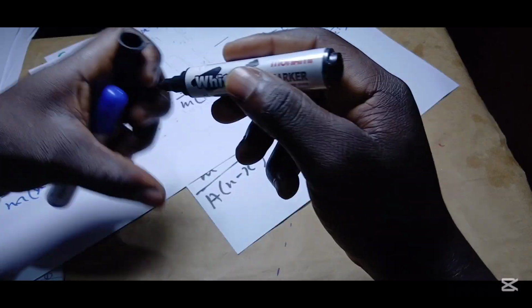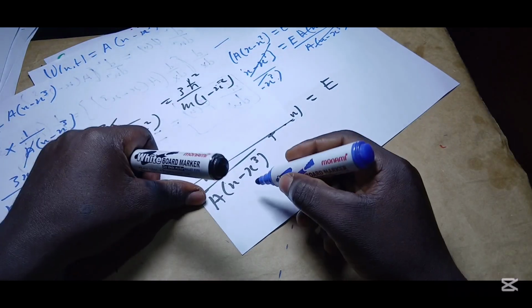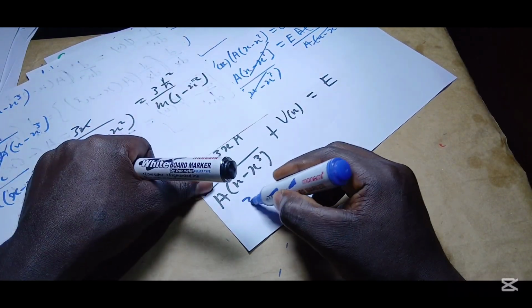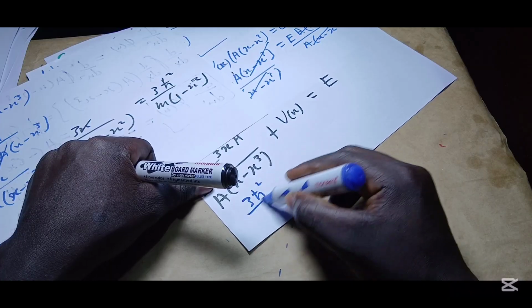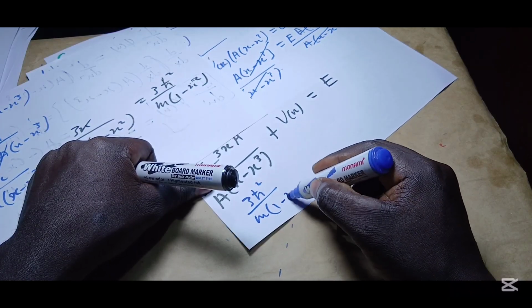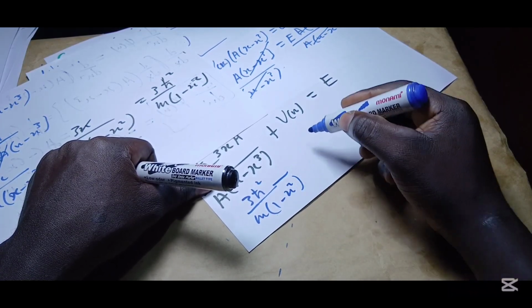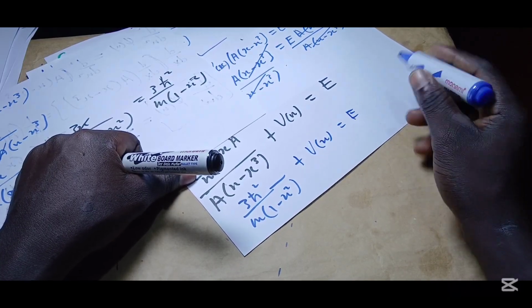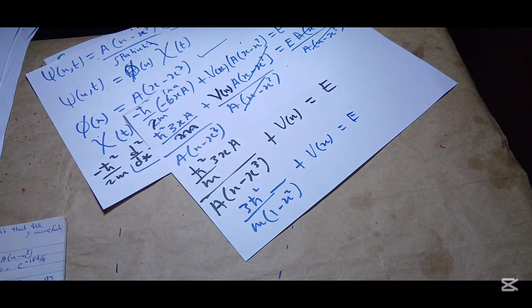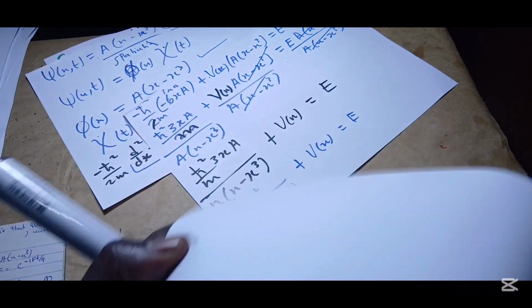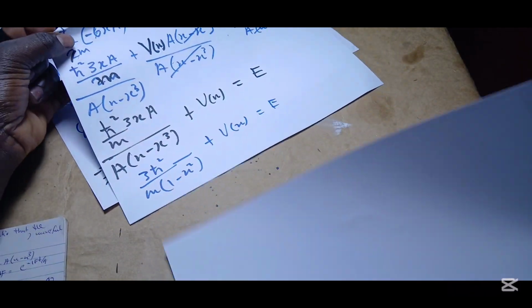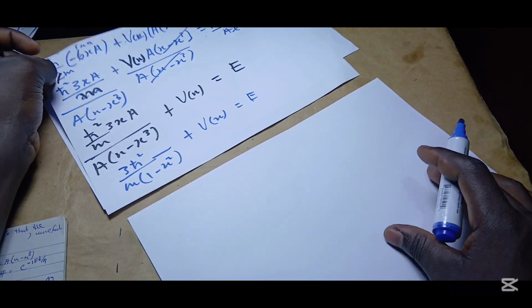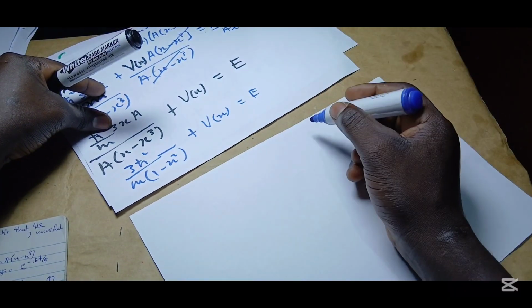So let's write that. So we are going to get this term here to be 3h bar squared all over m into bracket 1 minus x squared, plus v of x equal E. But our interest here is to solve for v of x. So solving for v of x, let's cross this to the other side of the equation.